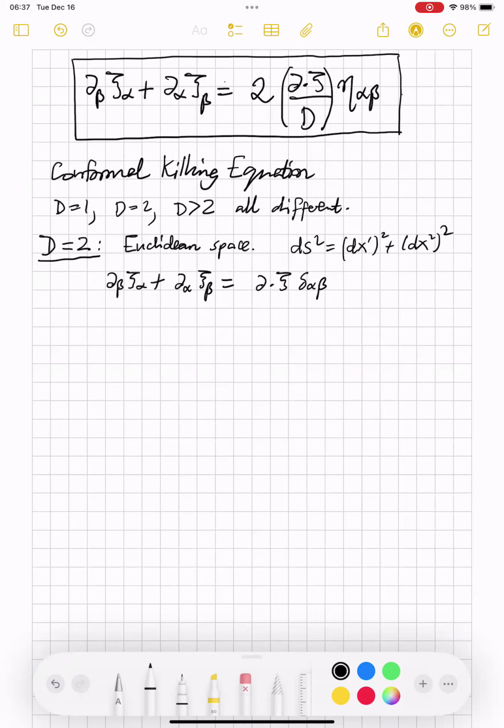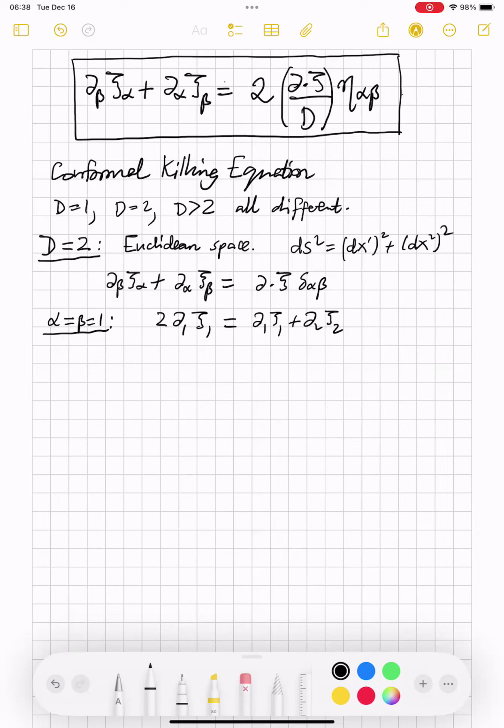Okay, so let's plug in alpha equal to beta equal to 1. We're just going to plug these index values in. So we'll get 2∂_1 ζ_1, because both terms on the left-hand side are equal, so I just add them to get 2. Then ∂·ζ will be ∂_1 ζ_1 plus ∂_2 ζ_2, and this is multiplied by δ_11, which is just 1.